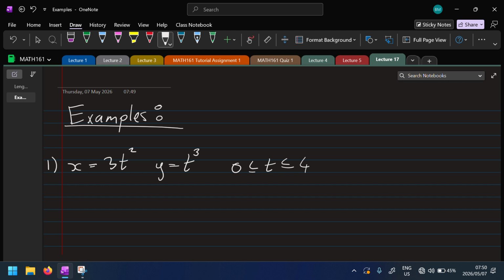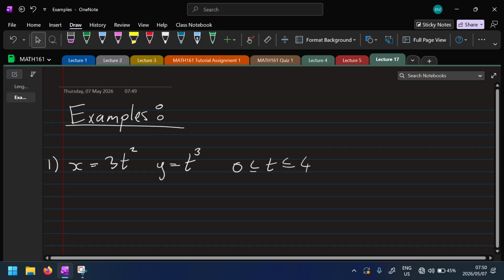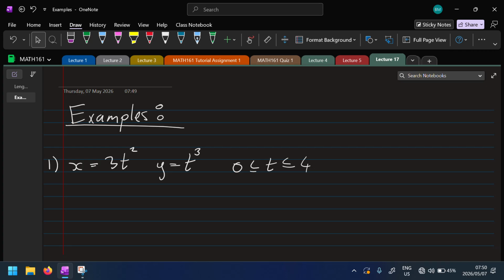Okay. So here at 0, we put in 0. So we get x is 0, y is 0. So it starts at the origin. Then it does some curve going around, ends at 4, at t equals 4. Find the length of that curve. Okay. So homework, do the sketch for that curve like we did yesterday. And then we're going to do the second part, finding the length. Okay, so number one, sketch the curve.